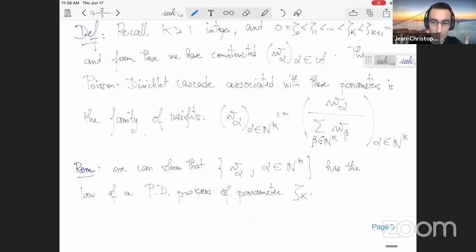Okay, I'm not going to explain it, but I just want to point it out because really what matters when we construct the Poisson-Dirichlet cascade is not just purely the weights as a set, but the weights as embedded in the tree that we use to construct it. So if I take two leaves in my tree, let's say they are alpha and beta, there will be non-trivial correlation between V alpha and V beta, and this is something I want to remember.